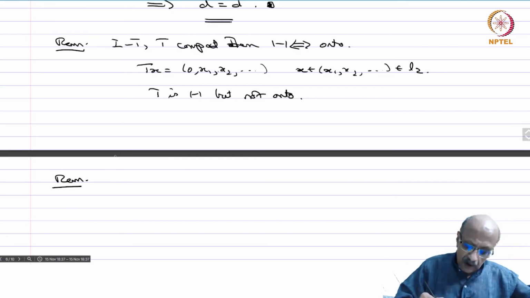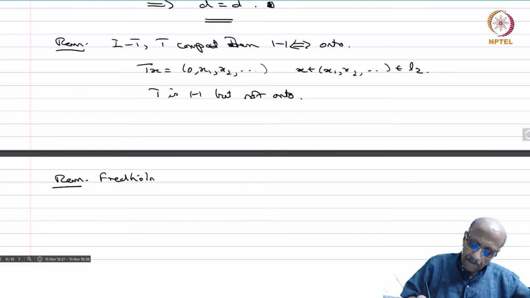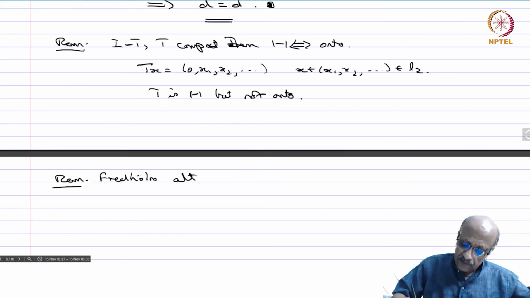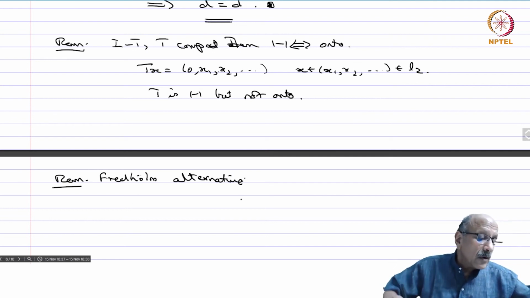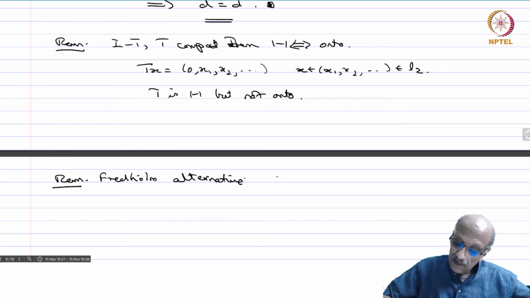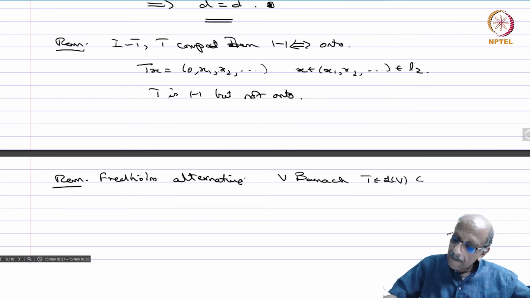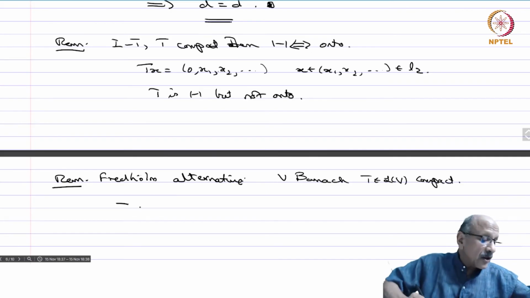Okay, the Fredholm alternative. Why do you call it an alternative? Okay, so you have V is a Banach space and T is in L(V) compact. So one of the alternatives holds.